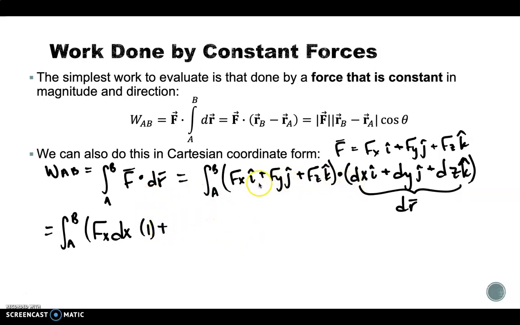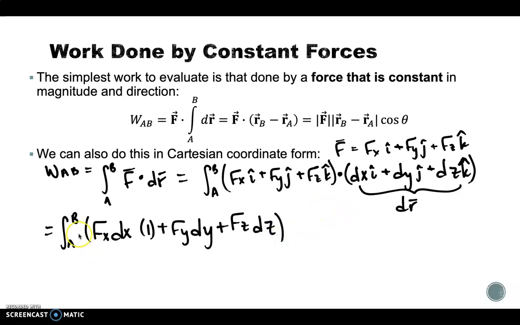Okay, so that would be 0, and then the next one would be 0. So now we're on this term. So we have f sub y j hat, and that will be non-zero here, times dy, plus our third term here, f sub z, dotted in, and it's going to be dz.